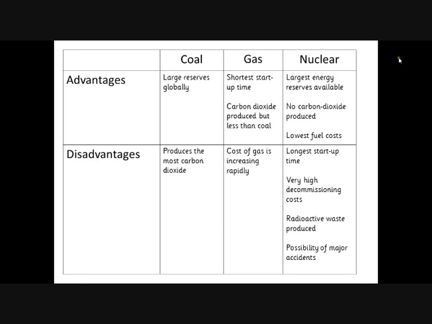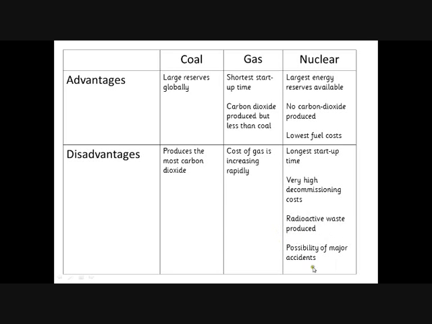Nuclear's got a lot of good advantages. So it's got the biggest available reserves, it doesn't make any carbon dioxide, it's got the lowest fuel costs, so all those things seem great, but it's the least flexible one. It's got the long startup time, it's got very high decommissioning costs, and then the two things that make nuclear power so controversial: it does produce radioactive waste, there's nothing you can do about that, and people aren't very clear about what to do with some of the waste that's produced.